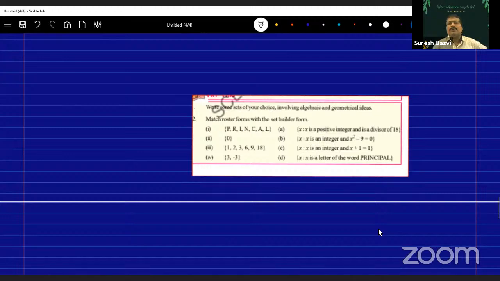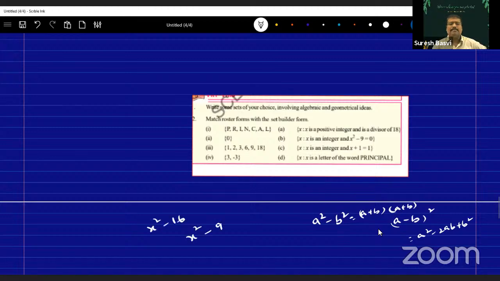So algebraic expressions are nothing but a square minus b square and a minus b whole. A square minus b square is nothing but a plus b into a minus b. These are all algebraic expressions, am I right? A minus b whole square is equal to a square minus 2ab plus b square. And also x square minus 16, x square minus 9, and like this.